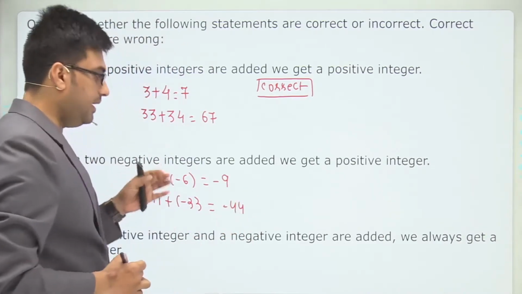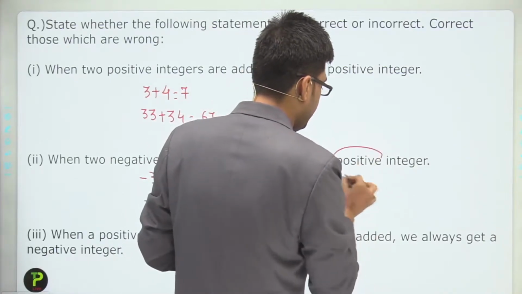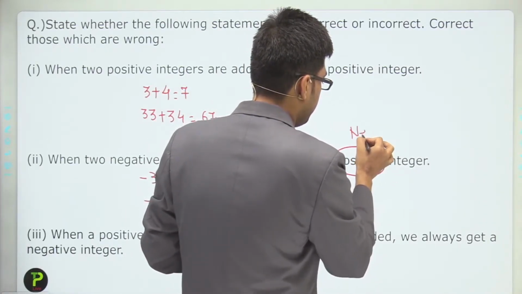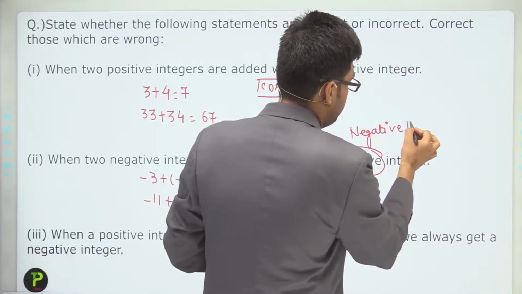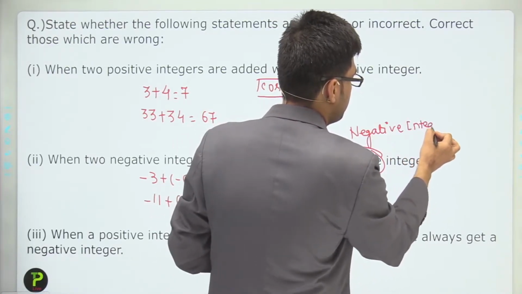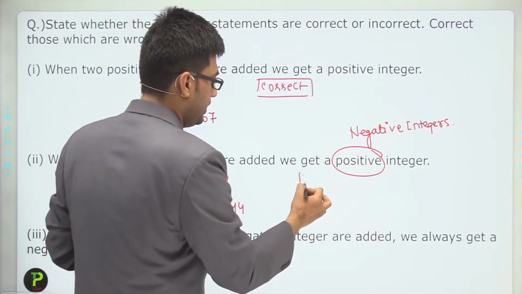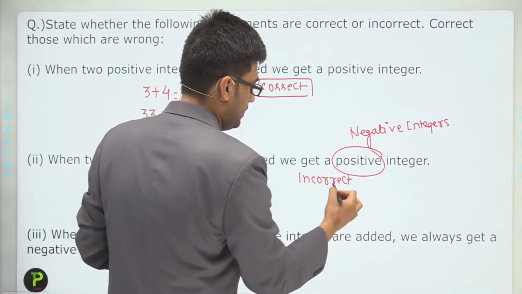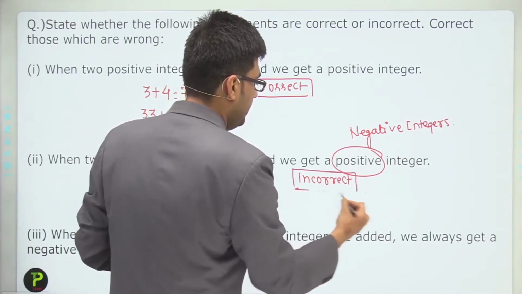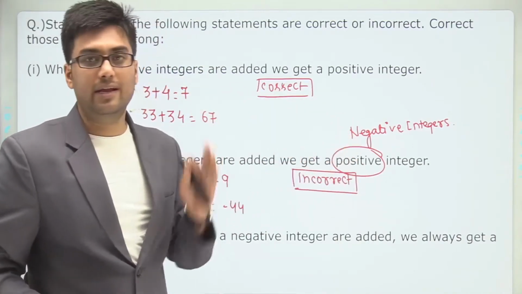So when we add two negative integers, we get a negative integer. Clear? So this is an incorrect statement, and here we have to replace positive with negative.